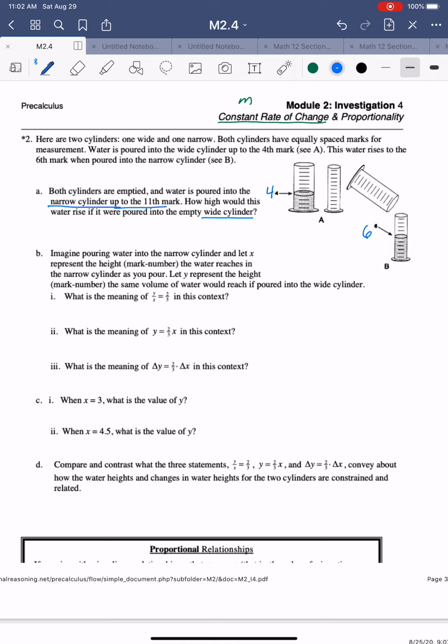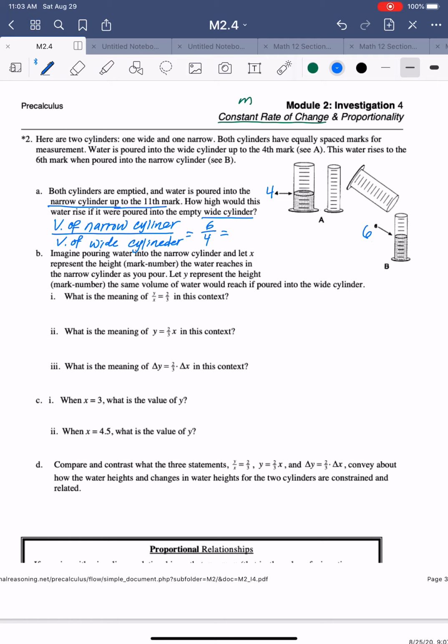The volume of the narrow cylinder over the volume of the wide cylinder is going to be 6/4.